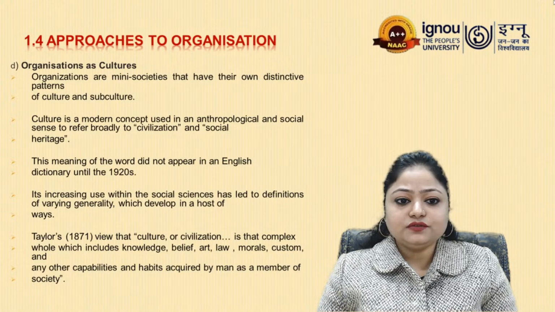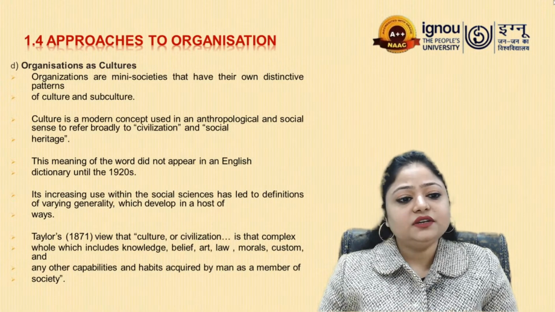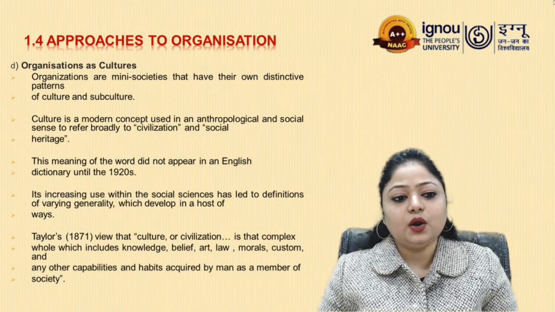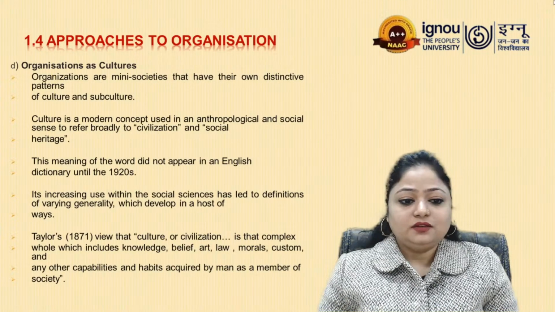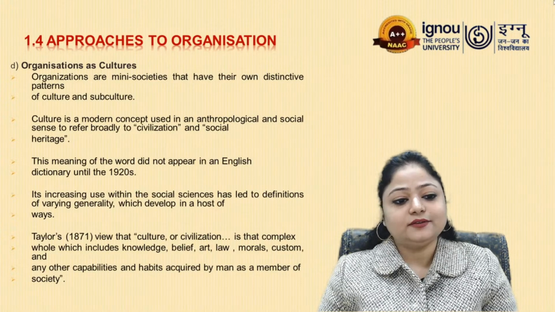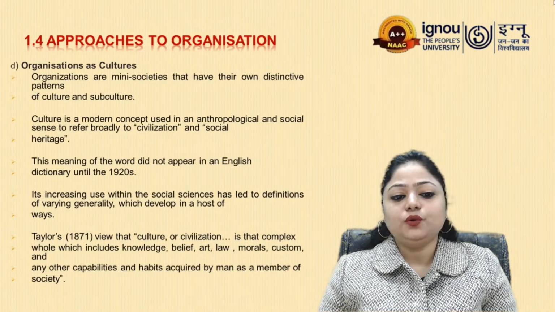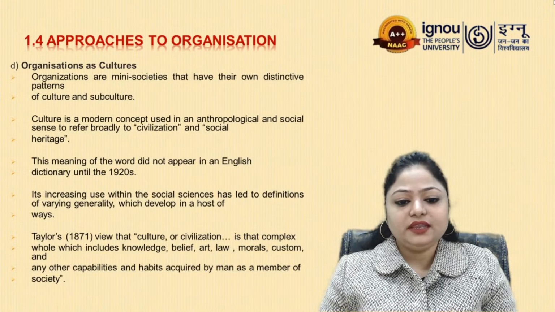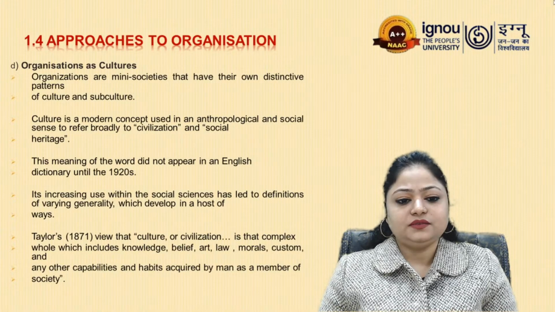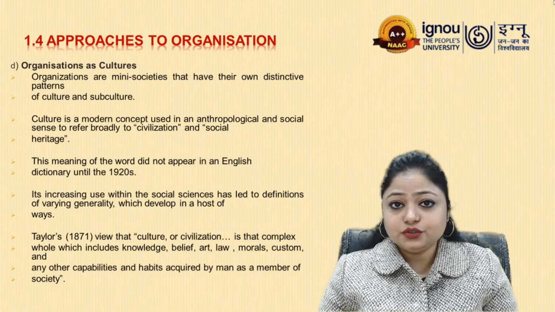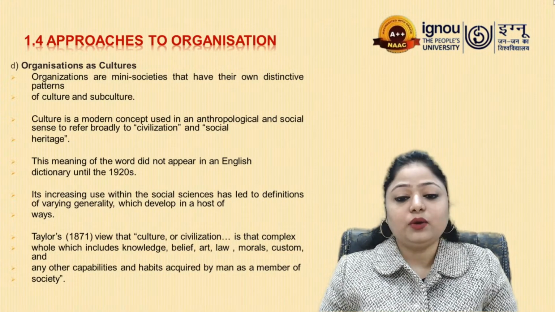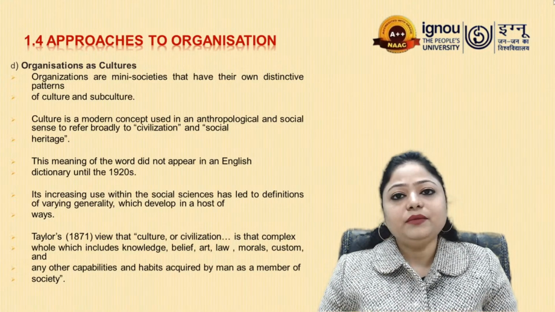Its increasing use within the social sciences has led to definitions of varying generality, which have developed in a host of ways. Now, Taylor's view is that culture or civilization is that complex whole which includes knowledge, belief, art, law, morals, norms, customs, attitudes of the people, and any other capabilities and habits acquired by man as a member of the society.